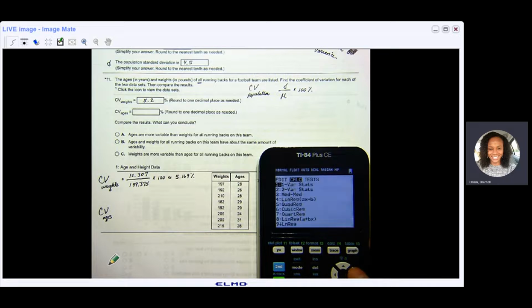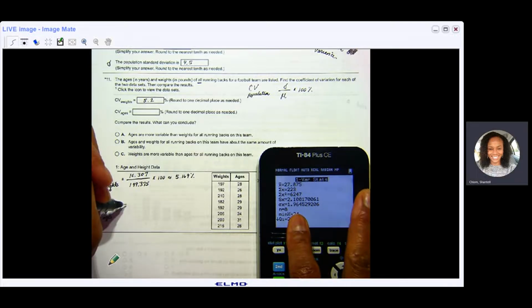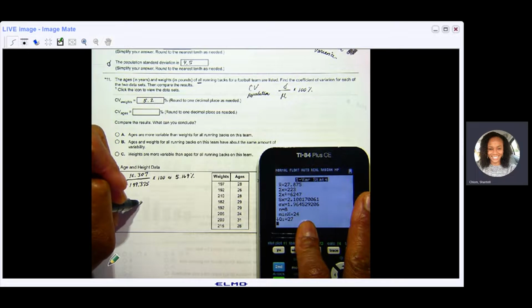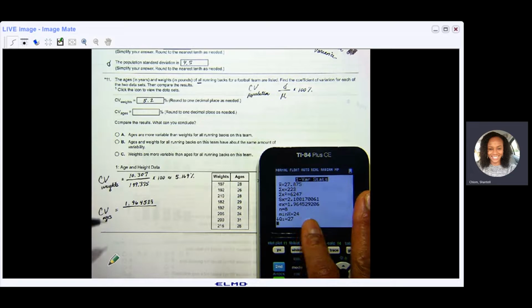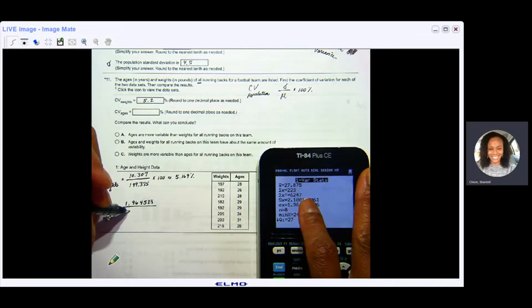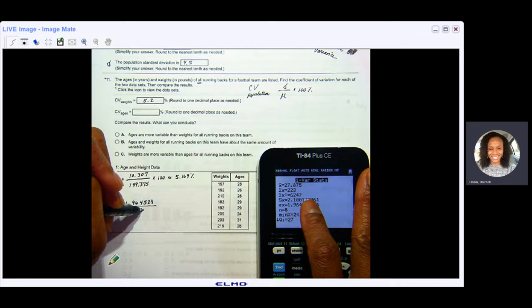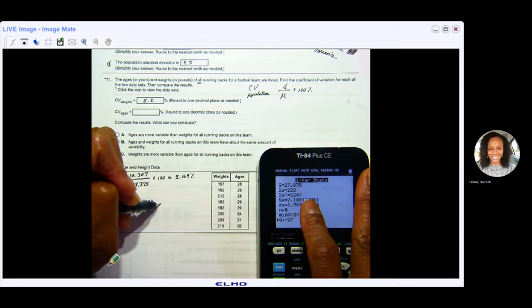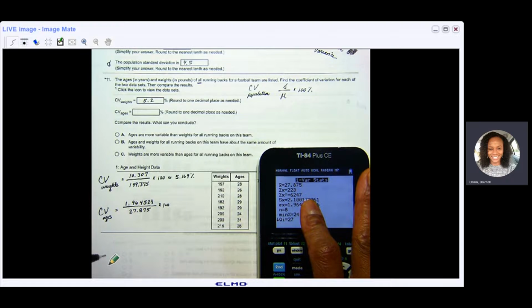So now we press Stat again, go over to Calc, number 1. No frequency list, I just go down to Calculate. All right, so for the ages, the deviation is 1.9645529. I try to go several decimal places throughout the number and then round at the end. Then the mean is 27.875.